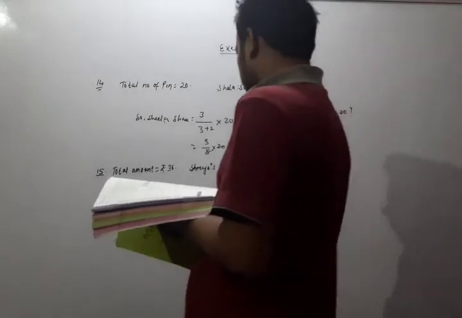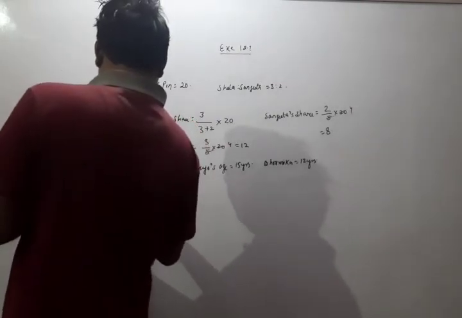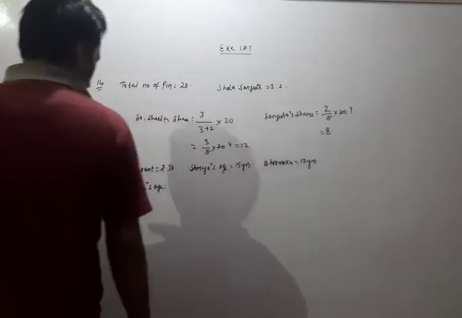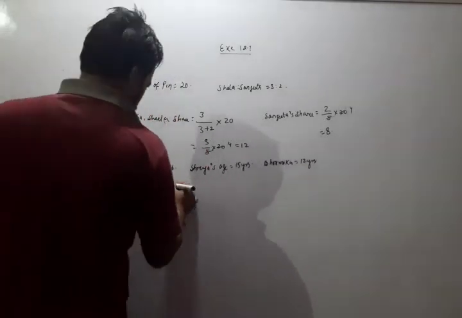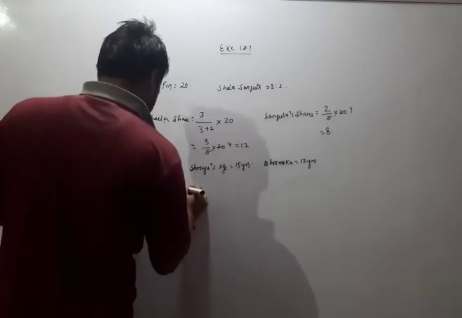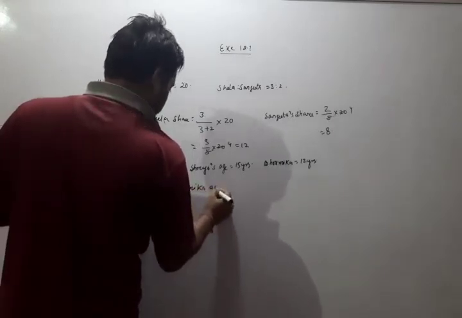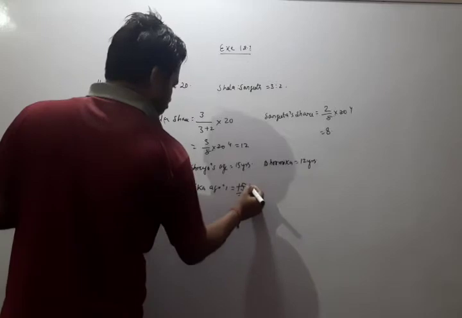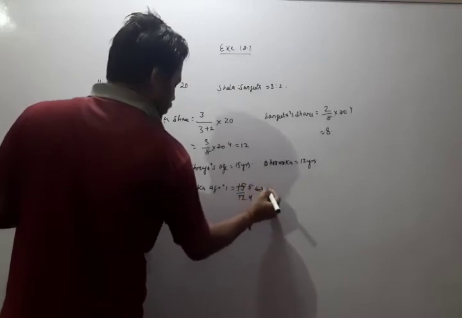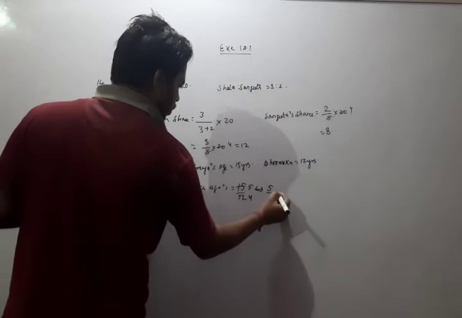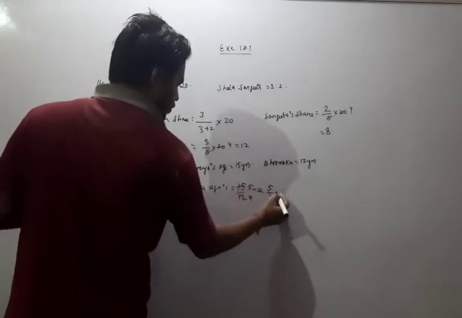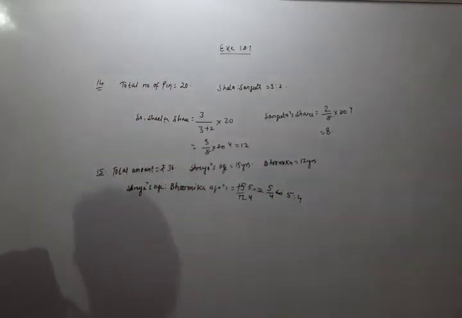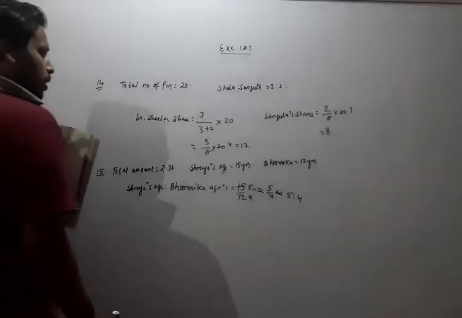Now Shreya to Bhumika ratio. Shreya is to Bhumika is 15, 12, 5, 4, 5 upon 4. So 5 ratio 4. Now we have to find the shares, Shreya's share and Bhumika's share.